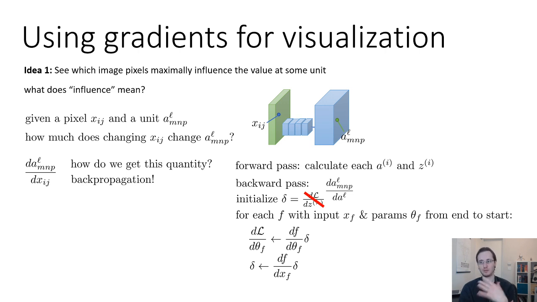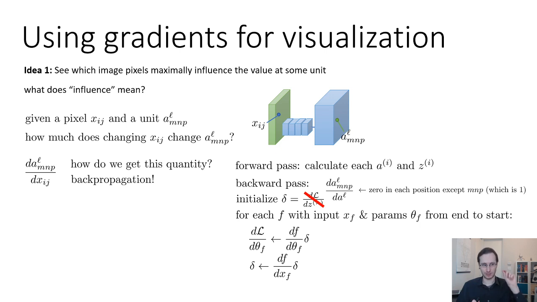Now, this initialization has a very special structure. It's 0 everywhere except for the unit we want, m, n, p, because the derivative of A_mnp with respect to A_mnp is just 1. So you just initialize delta to be the same size as your activation map at layer L with a 0 everywhere except for the position you want, which you set to 1. So that's like your probe.